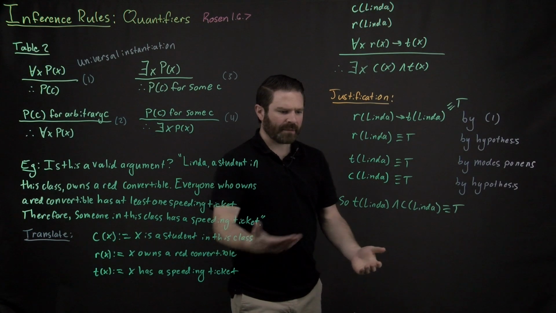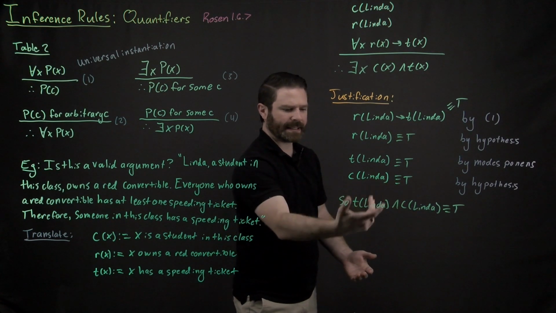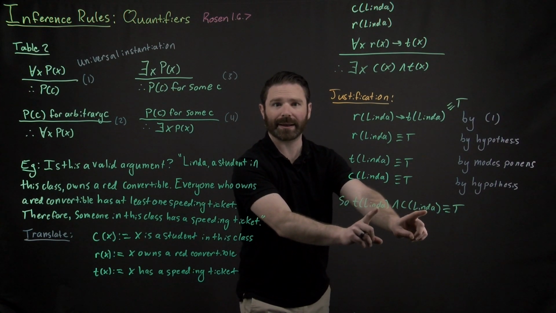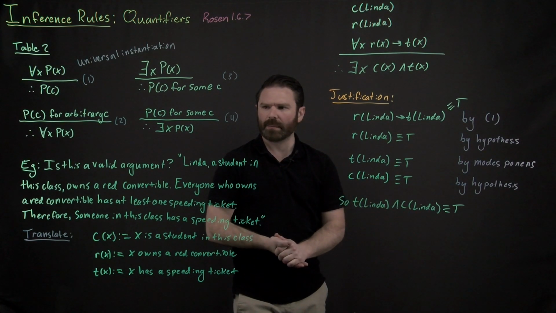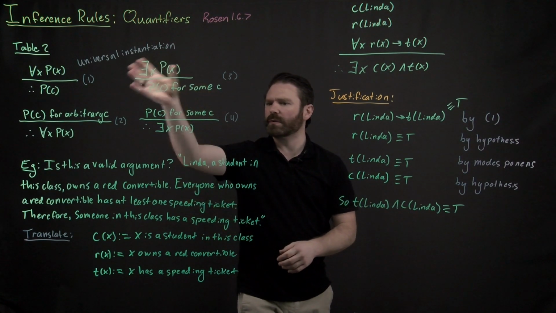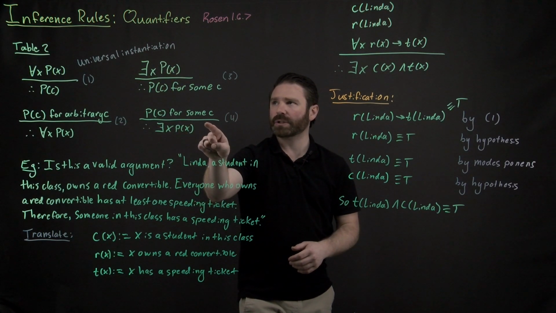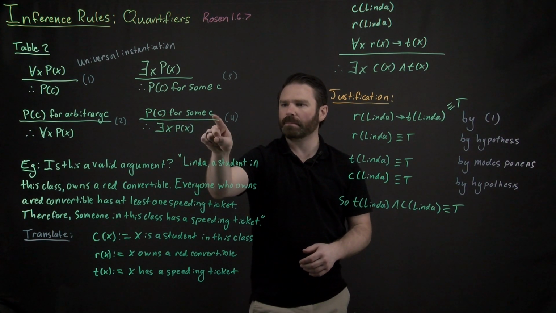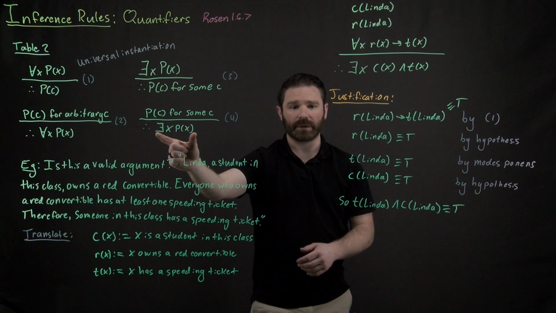Fantastic. So I have found a particular instance where both C and T are true for some particular individual, Linda in this case. And since I've found a particular example, I can use the inference rule from table 2: if a statement is true for some particular element, then we can use the existential quantifier.